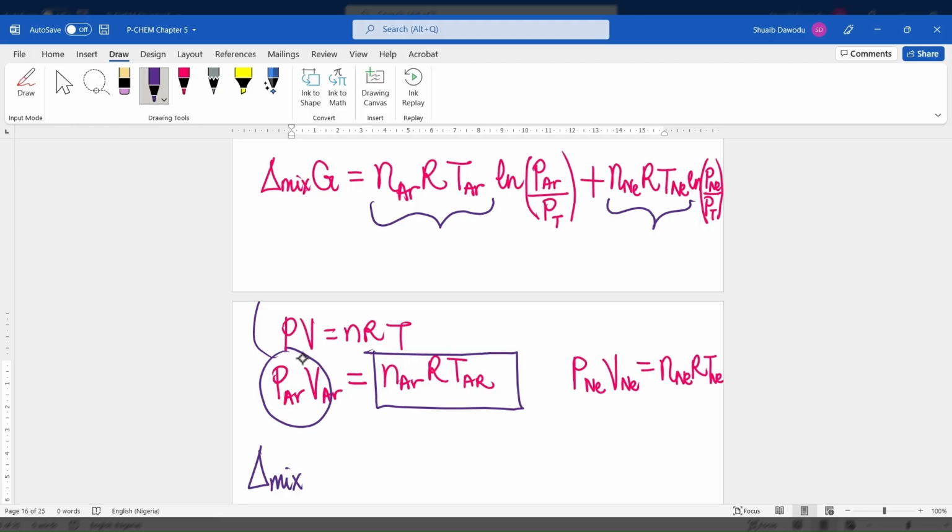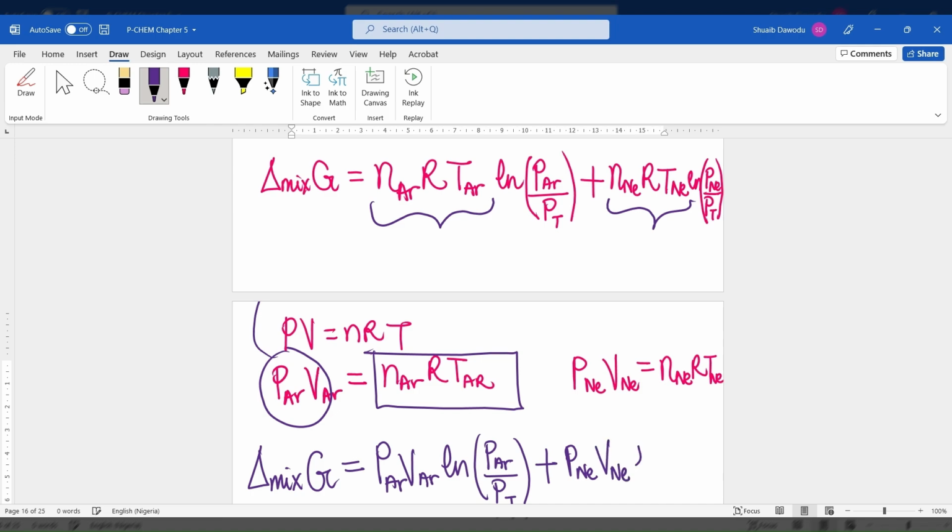So the Gibbs energy of mixing ends up becoming the pressure of argon multiplied by the volume of argon, ln of the pressure of argon divided by the total pressure, plus the pressure of neon multiplied by the volume of neon, ln of the partial pressure of neon divided by the total pressure of both neon and argon.